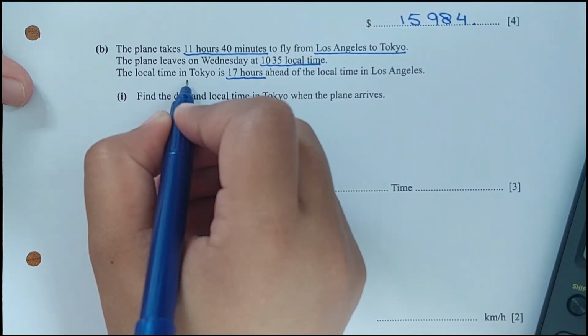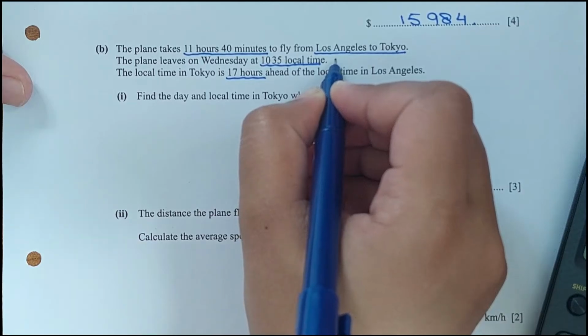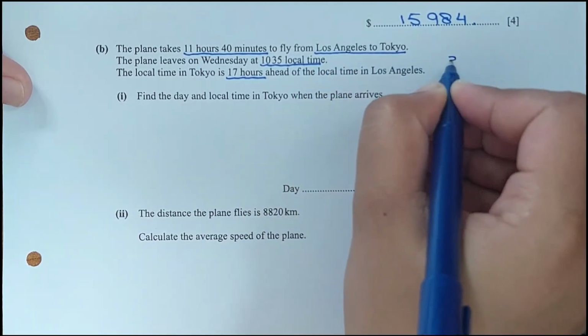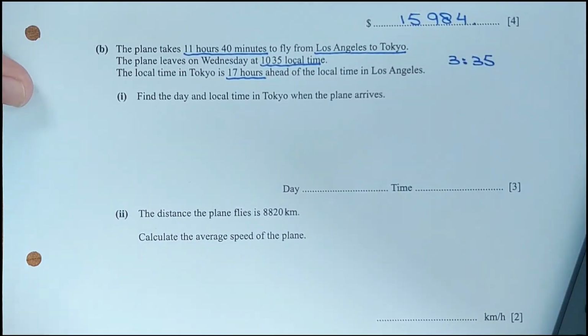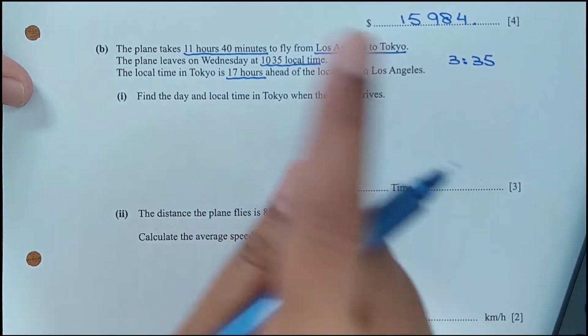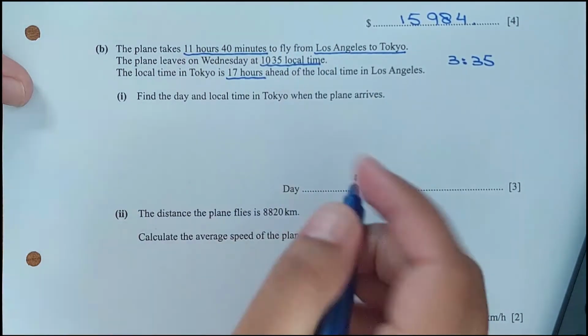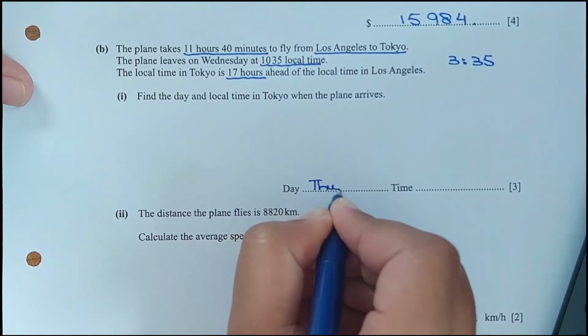Yes, the time in Tokyo when the plane leaves is 3:35 in the morning, right? Okay, now 3:35, and this day is Thursday, right? So this day is Wednesday and the other day would be Thursday.